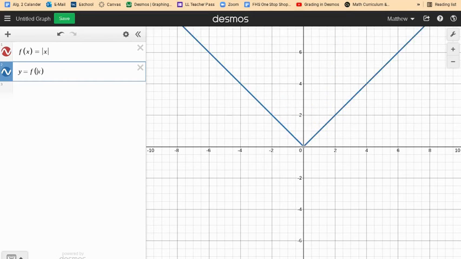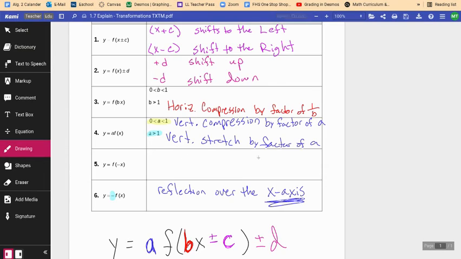And the bigger that number gets, the narrower it becomes. And so when we say that, let's say we use this 9, I would say, hey, this is a horizontal compression by a factor of 1 divided by 9. That's what's kind of confusing here. That's why I said by a factor of 1 divided by B. So whatever that B value is, I just divide.